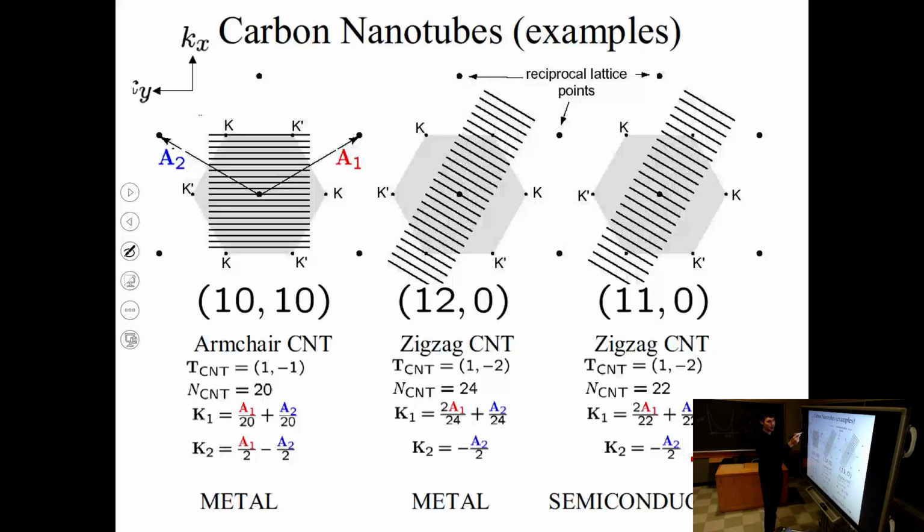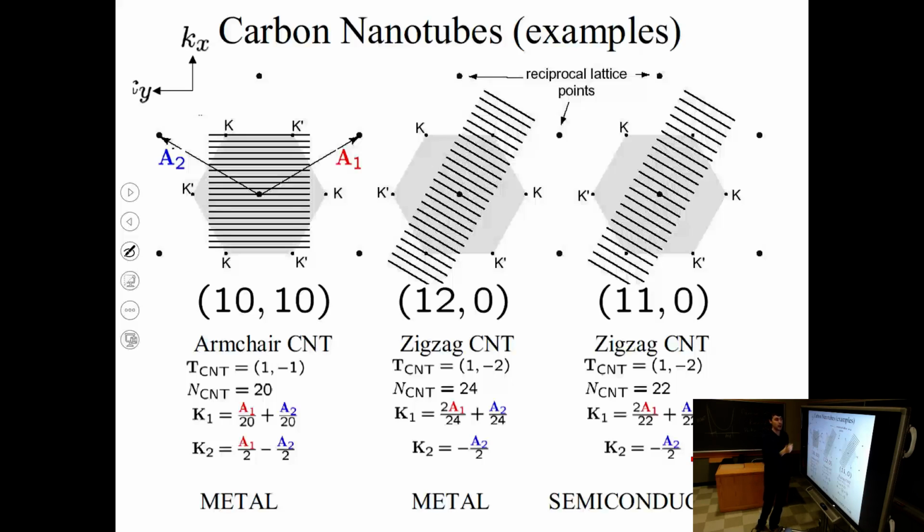So here are the gray shapes, which are the Brillouin zones, and the k and k prime points are the corners of the zones. And remember, you need to hit one of the corners. And if you hit one of the corners with a black line, which represent the allowed values of k, so black lines are where k's are allowed by the periodic boundary conditions.